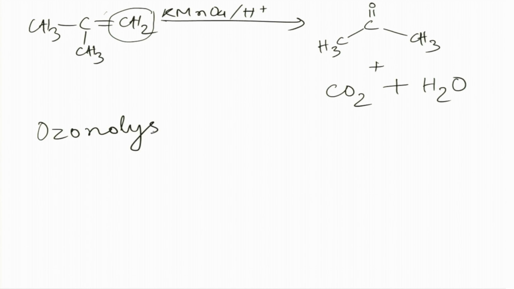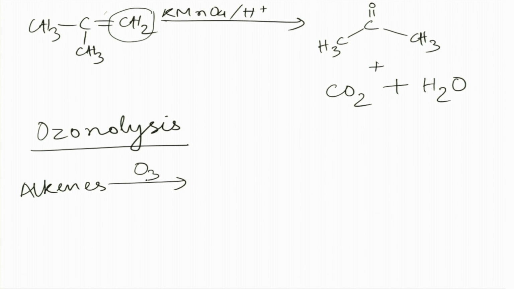So, now we will read about ozonolysis. Ozonolysis has two parts. When alkenes are treated with ozone, at first they form a compound called ozonides.